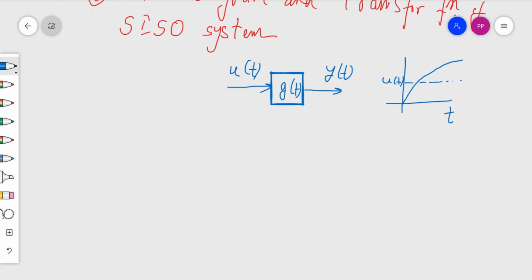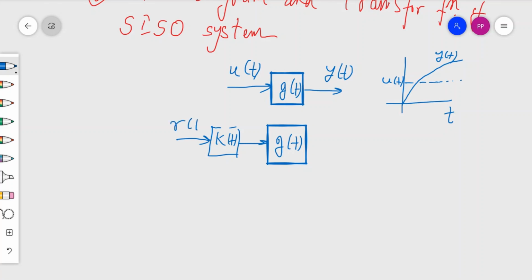So this is your output y(t), and now suppose I am using a controller to control the response. So this is the plant, there is a controller in front of the plant like this, and then we are applying some input like this, which we can call r(t), and this is the output y(t).